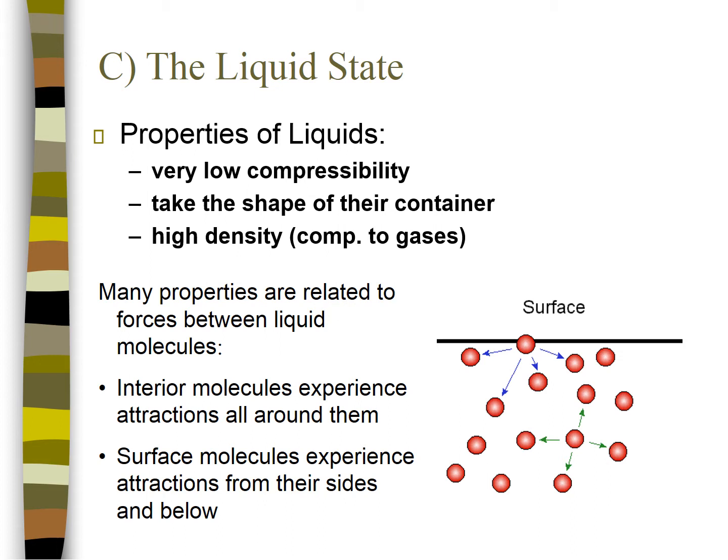However, if you're a molecule or particle at the surface of the liquid, you don't experience any intermolecular forces from above. You're at the surface. There are no liquid particles above you. So therefore, particles at the surface experience the intermolecular forces from their neighbors only from below and to the sides.